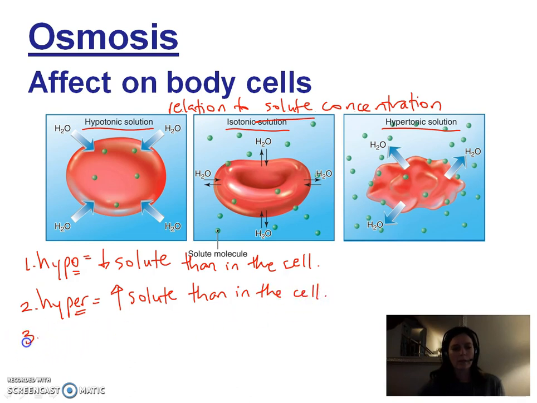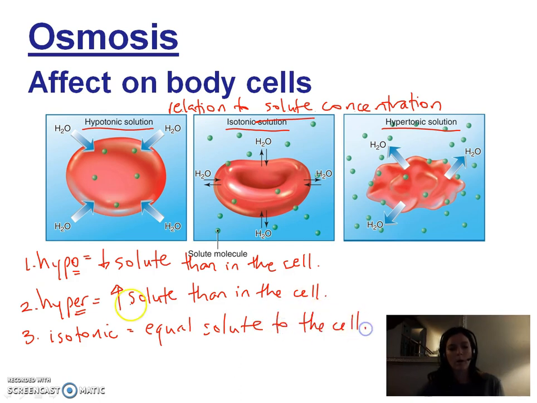And then thirdly is our state of equilibrium, and this is called iso. Iso means the same. And isotonic means equal solute to what's found in the cell. So all three of these solutions are talking about what the cell is being surrounded by, or what the cell is suspended in.